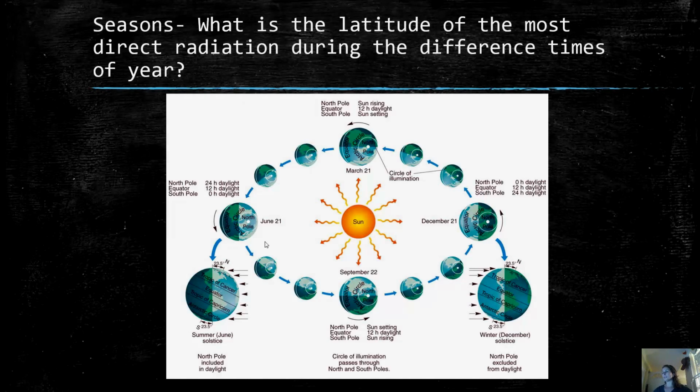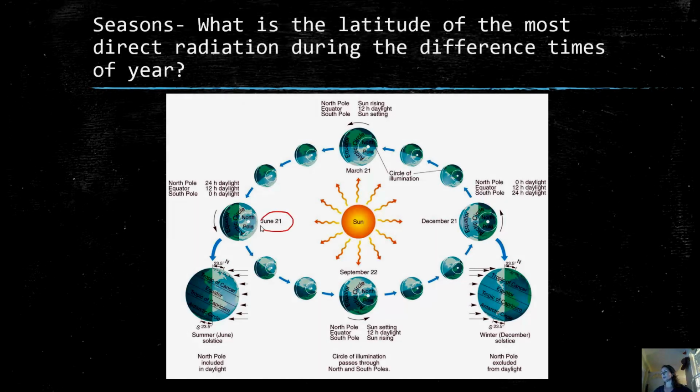So we see during June 21st and the couple months before and after, the greatest heating of our planet is in the northern hemisphere, the Tropic of Cancer, 23.5 degrees north. So that whole system that we talked about heating at the equator now shifts its Hadley cells into the northern hemisphere dominant.